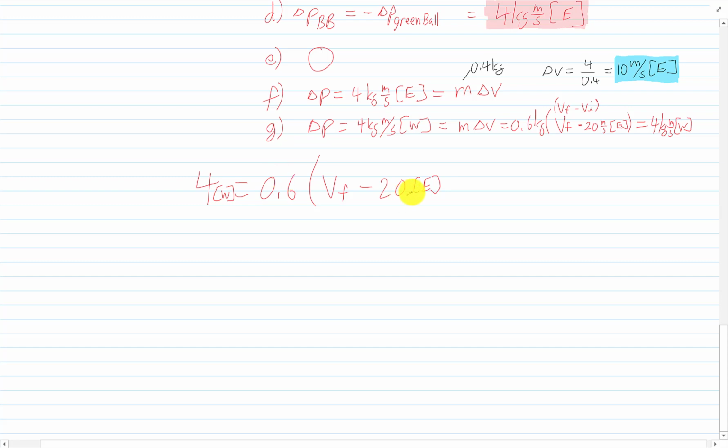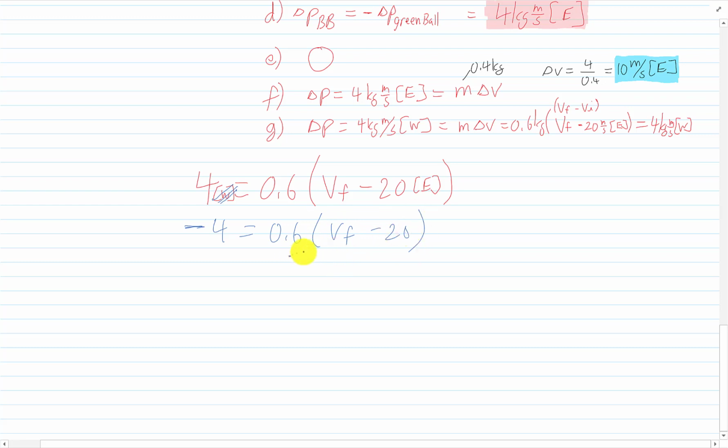So let's keep everything in the east, making sure that the numbers we're putting in are in the same direction, then we can get rid of the units. So let's make it all east: negative 4 is equal to 0.6 Vf minus 20.